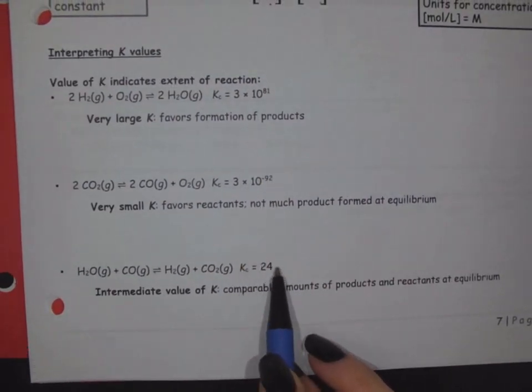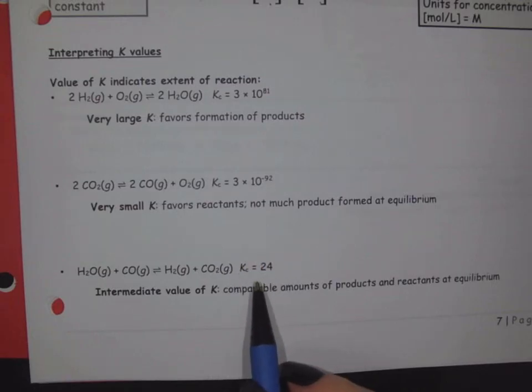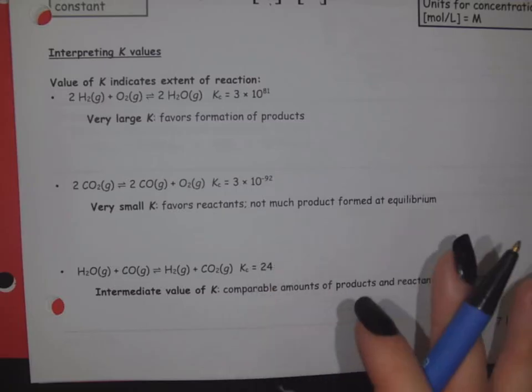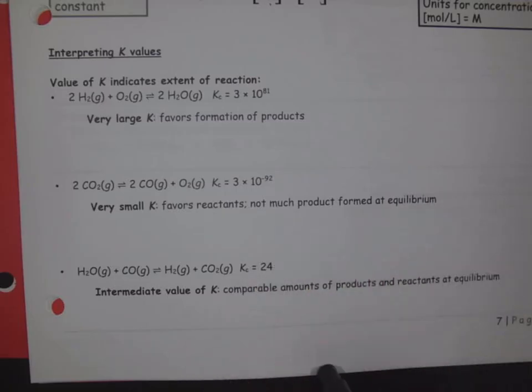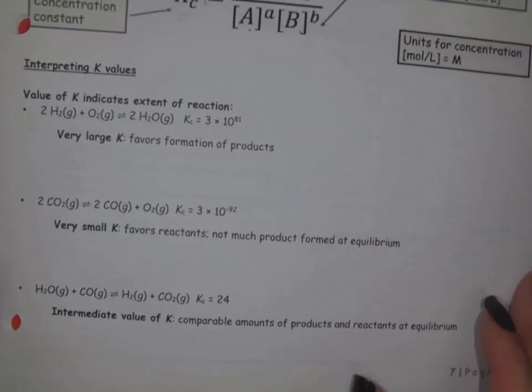So when K is somewhere between about 10 to the negative 2 and 100-ish, we have a relatively equal amount of reactants and products at equilibrium.